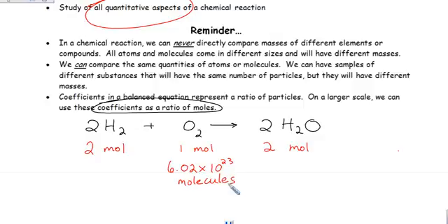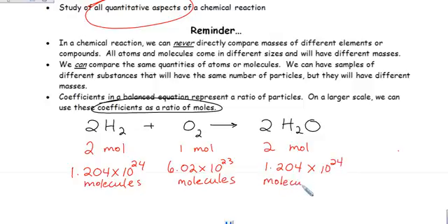I could read it as 12.04 times 10 to the 23rd, or I could say 1.204 times 10 to the 24th molecules of hydrogen. And if I had 2 moles of water, I could do the same: 1.204 times 10 to the 24th molecules of water. So I kept the ratio consistent.